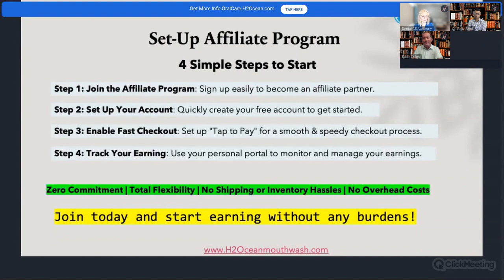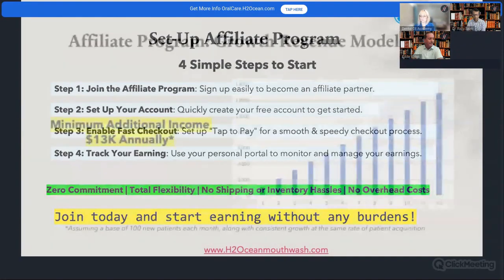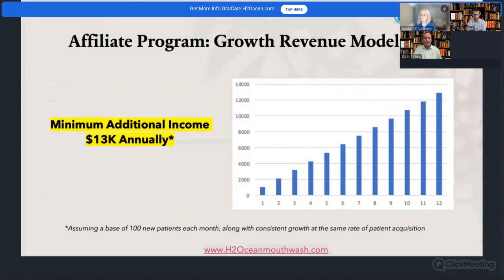It's simple. Your partnership can earn you additional income of about $13,000 annually based on referring 100 new patients each month. Here's a chart that will show you generating by 100 new patients each month or however long it takes you to get to that.